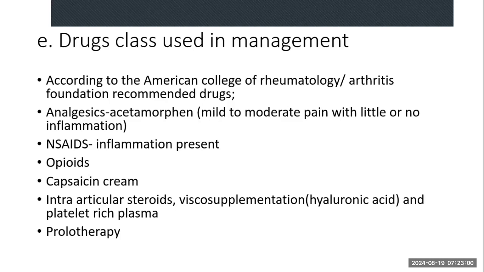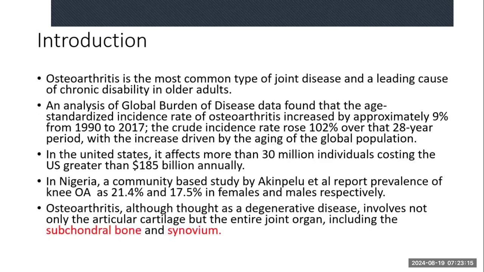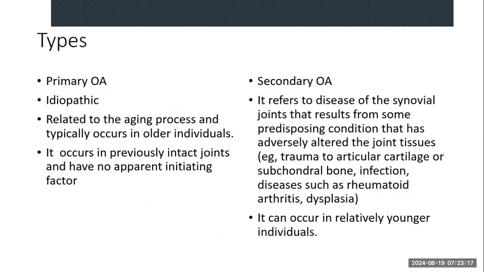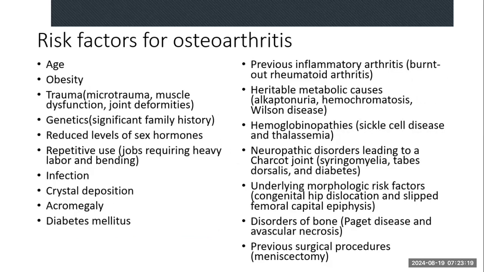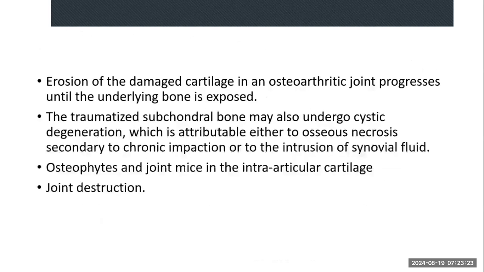Yes, in the failure of medical therapy, you go ahead and do surgical intervention, and this includes osteotomy, arthroplasty, and fusion. I think there is a slide on that. For osteotomy, if there is a malaligned joint, like varus or valgus or a neuropathic joint, you create a hole to create a balance in the joint.